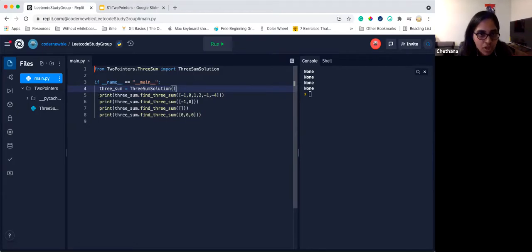I've also taken a couple of test cases, either in my head or the examples from LeetCode. If you think of some more, feel free to copy these print statements and add them below.